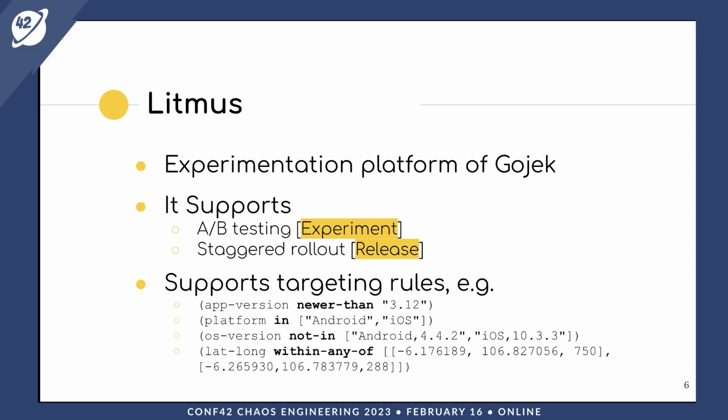Which makes this application CPU intensive. I want to highlight this word because it will be used in the system design. Also, it will help us design the system better because we know the expectation from this application, right? So these are the key features supported by Litmus, which is the A/B testing platform of Gojek.